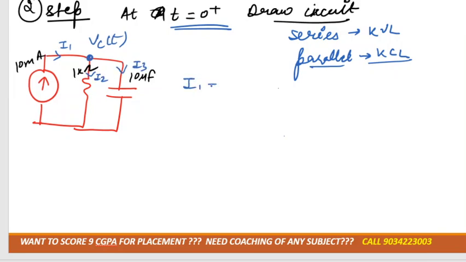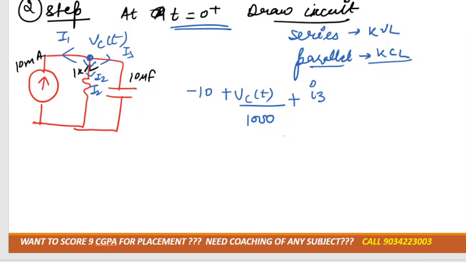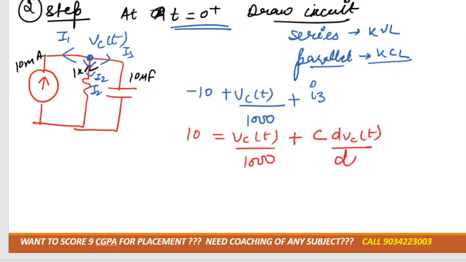Can we say that I1 is equal to I2 plus I3? Can we write it like this? 10 is equal to VC by 1000 plus the current across the capacitor, which is C dVc by dt. The C value they have given is 10 micro, 10 to the power minus 6 farad. Correct? Any doubt?